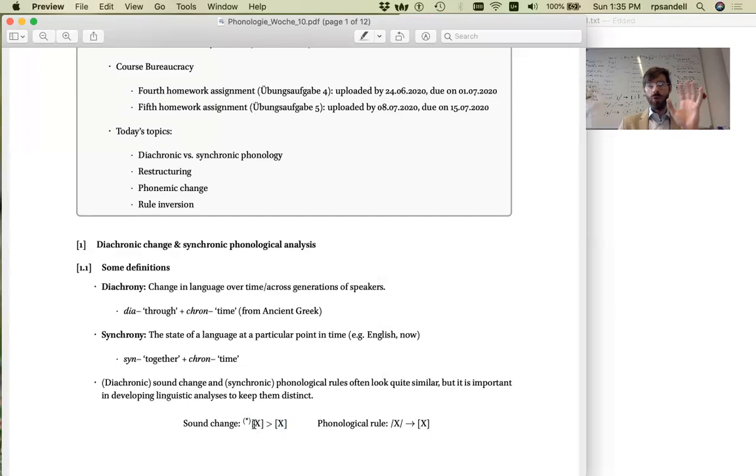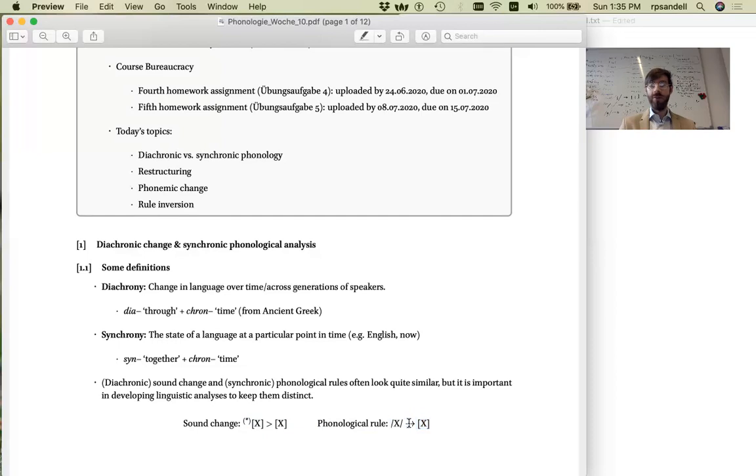So it's somewhat more neutral in terms of exactly what has changed diachronically if we represent a sound change in square brackets. Synchronically, of course, with phonological rules, we are dealing with derivations from underlying representations to surface forms mediated by the application of some phonological rules.